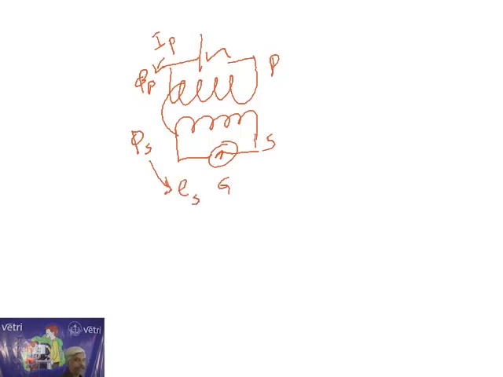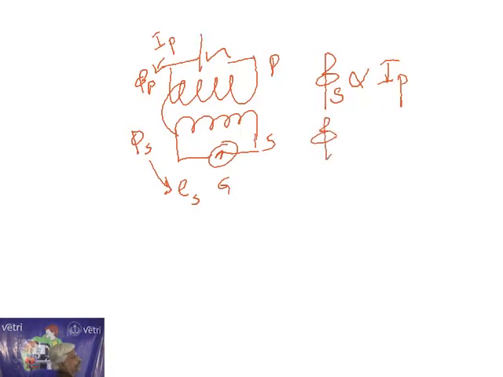So this is a chain process. If the switch is closed permanently, no IP comes. Because of no IP, no phi P; because of no phi P, no phi S. The magnetic flux linked with the secondary is always directly proportional to the current through the primary. We can bypass phi P; we need not bother about phi P. That is what we have to understand.